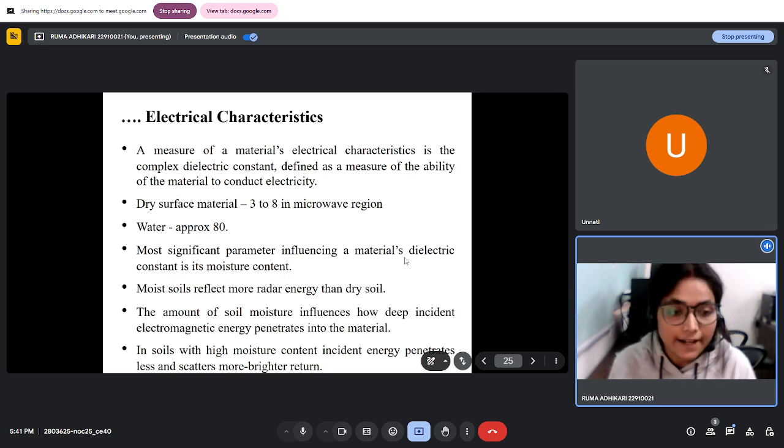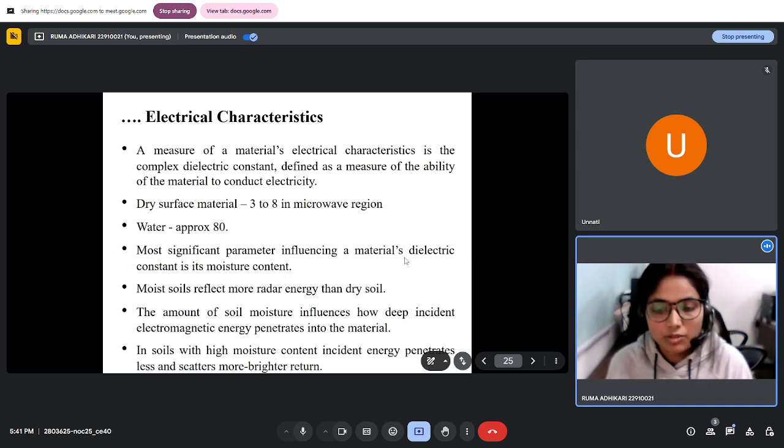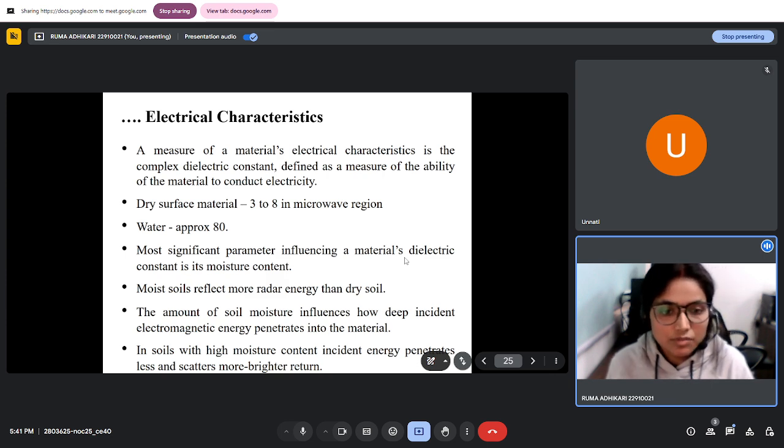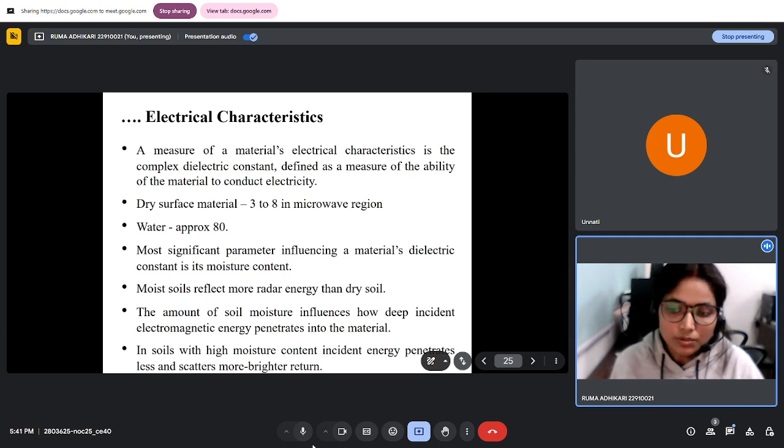Here also that is happening. When the soils have moisture, the particles get smoothened out, so the signal will not penetrate that much. It will reflect. More power gets reflected, so it will appear brighter.